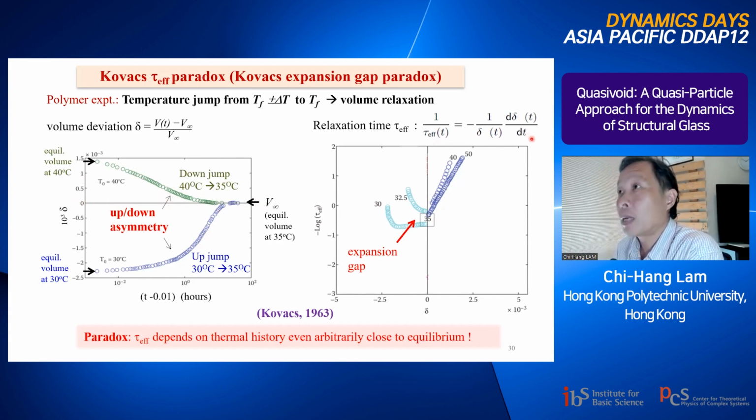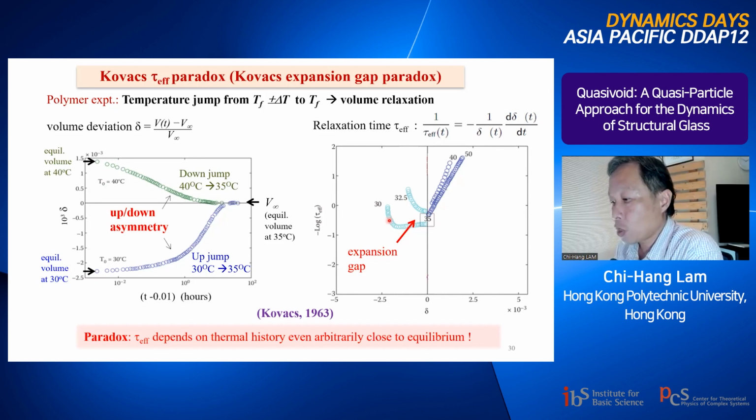Now, by performing a time derivative, we can get the effective relaxation time and plot it as a function of the deviation from the equilibrium volume. Then we see that for the down jump and for the up jump with a small magnitude, at long time close to equilibrium, the relaxation time converges to the same value as we would expect.